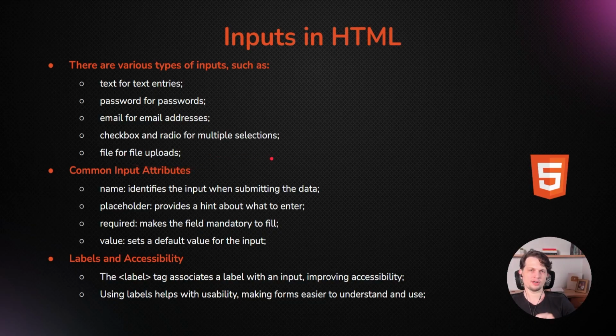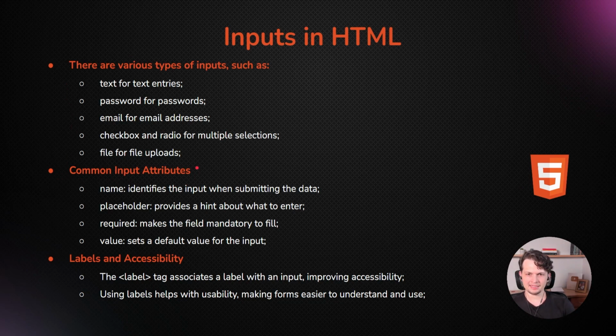And don't worry, we're going to see all of these values in practice, okay? But it's a good practice to choose the correct value of the type attribute, because you can get some validation, or you can get a different type of input just by changing the value of the type attribute.